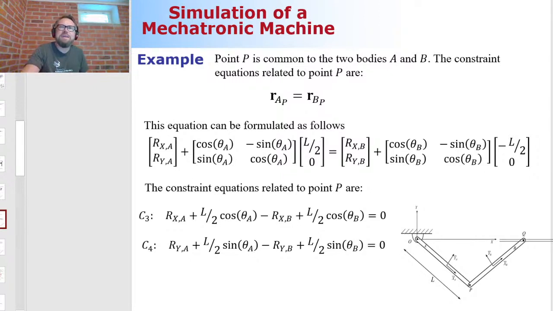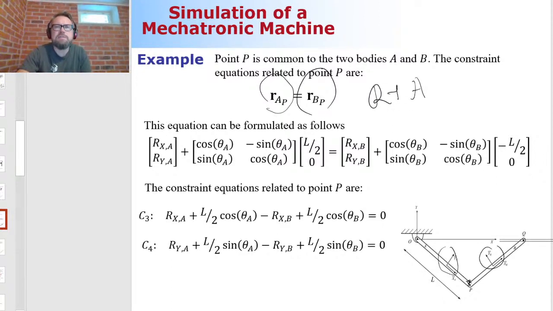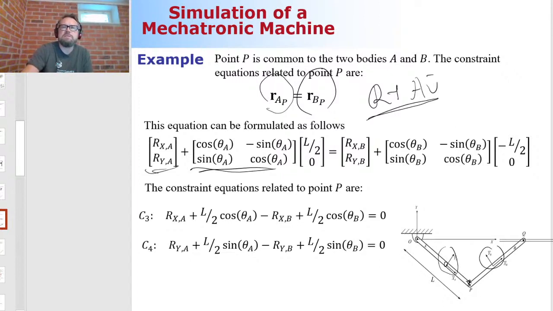So let's take a look. A and B have to put the point with respect to body A and with respect to body B to be exactly the same. How can I make that happen? Again, I'm going to use the only equation that I know, this one here, and reuse it with respect to body A and with respect to body B. First I travel to the origin of the body reference coordinate system, then I account for the orientation of the body reference coordinate system, and then the only difficult thing, vector u bar.